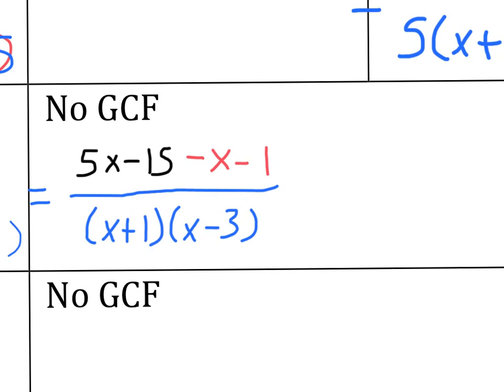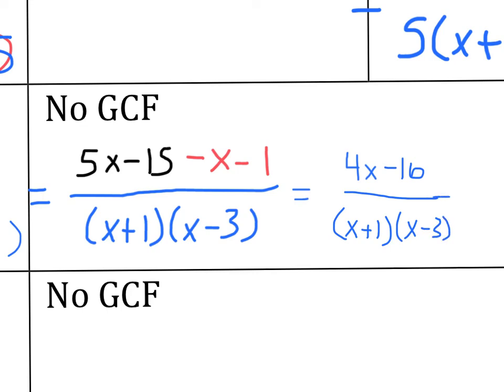Now I begin to combine like terms. In the numerator, I get 4x because 5x minus 1x is 4x. And now the negative 15 minus 1 is negative 16 all over the common denominator. Not quite done.